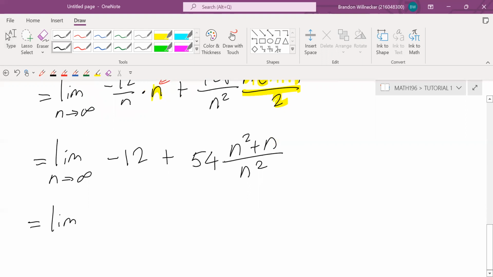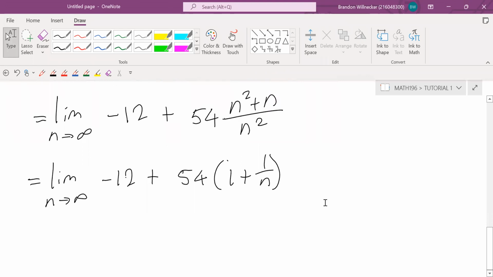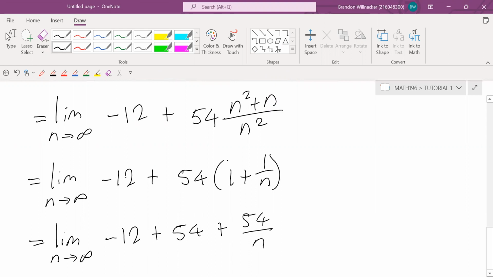Okay, so that's going to be the limit as n goes to infinity, minus 12 plus, and then we can write this as 54 times 1 plus 1 over n. Okay, so this will be the limit as n goes to infinity, minus 12 plus 54 plus 54 over n.